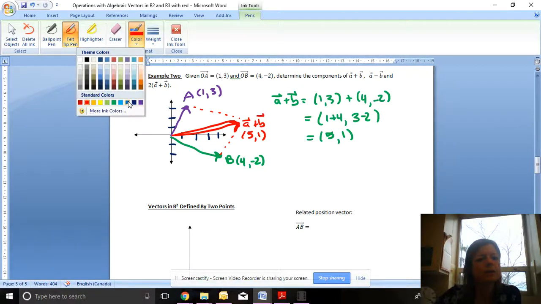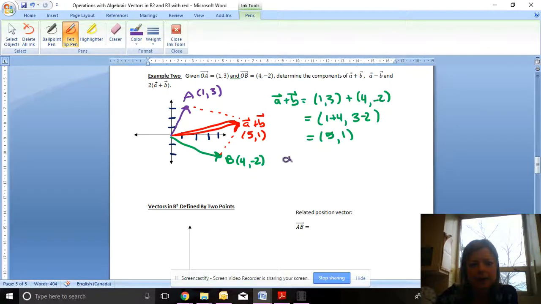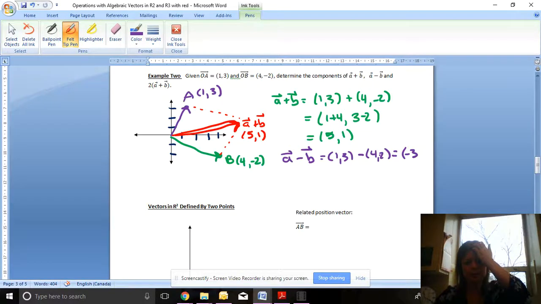Now if we're going to do A minus B, what would that look like? A minus B then is 1, 3 minus 4, 2. So it's 1 minus 4, which is negative 3, and 3 minus a negative 2, which is positive 5.